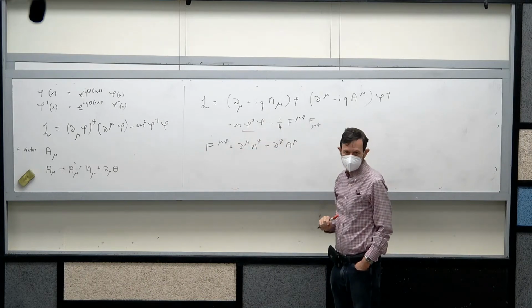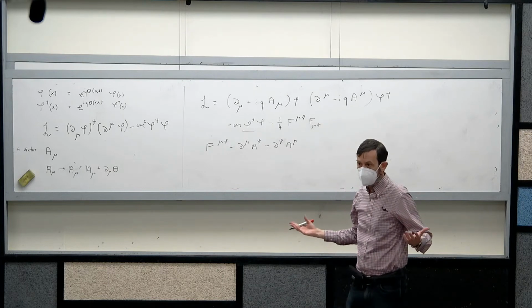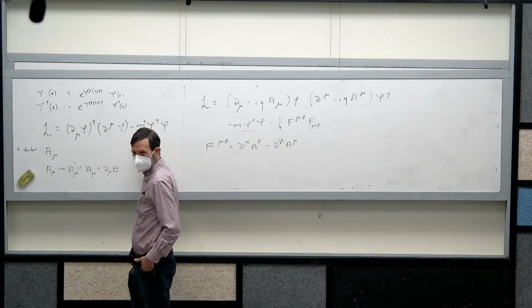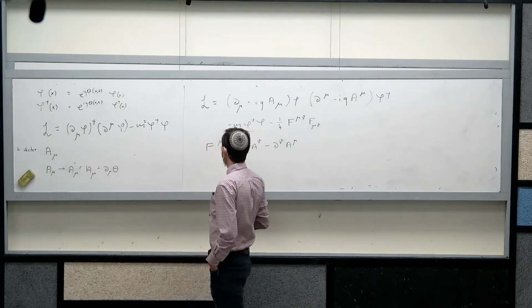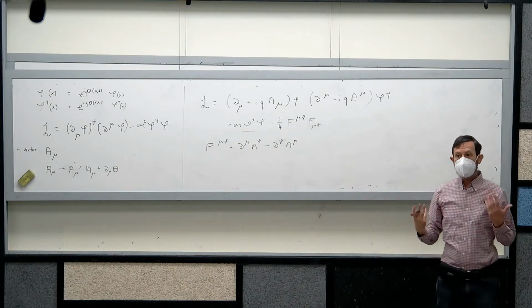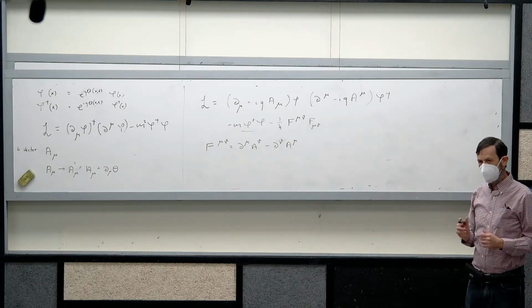Whatever I do to the phase doesn't matter. Therefore, it remains the same. Nothing changed here. I've added a new field. In parentheses, it means I added a new particle.